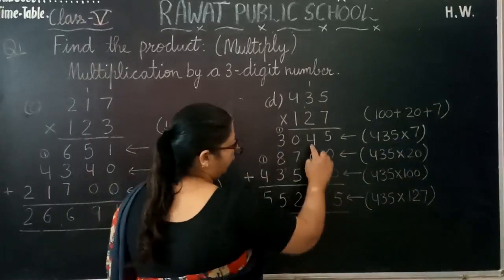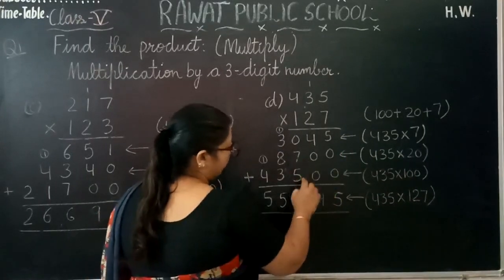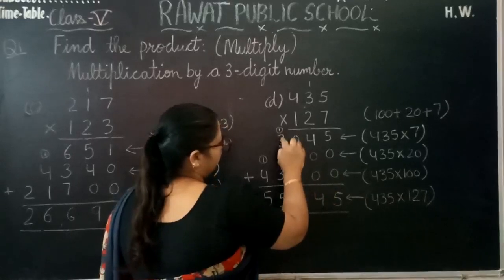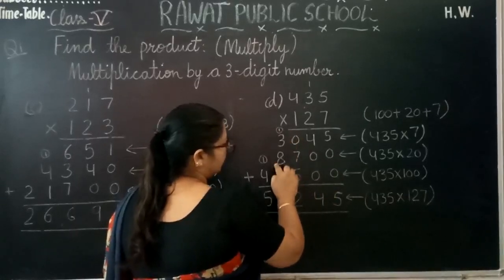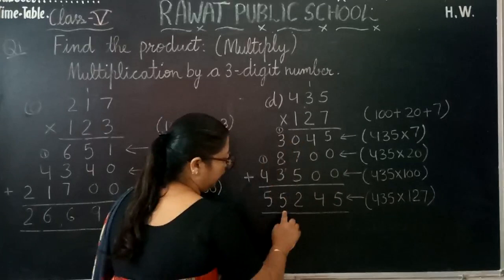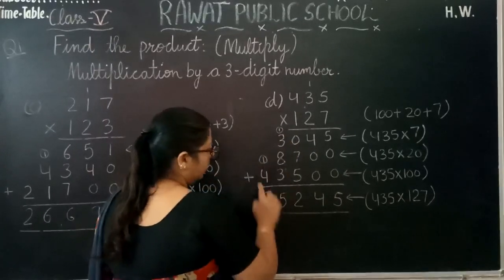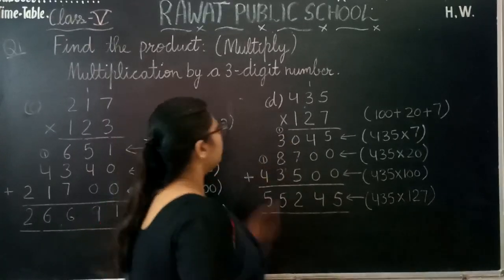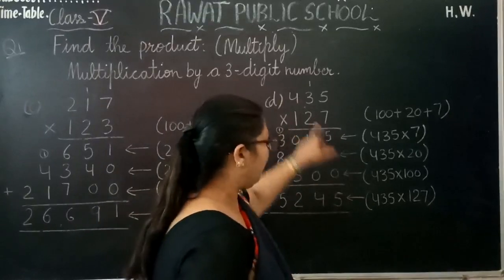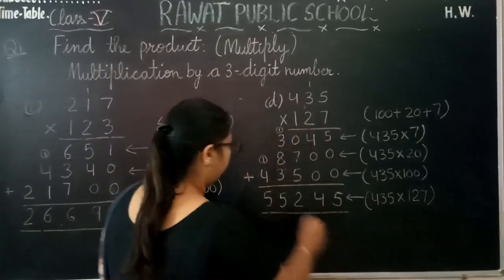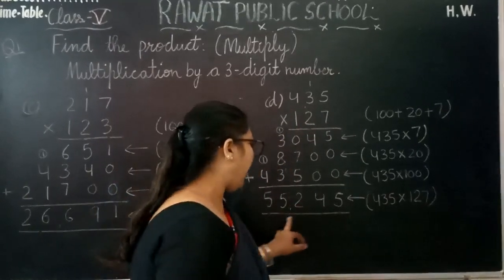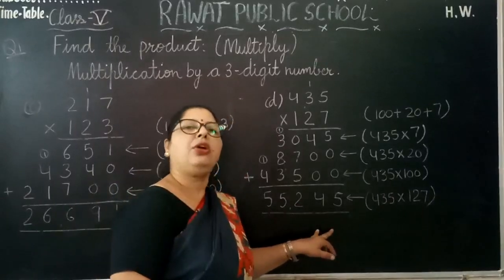5, then 4, 0, 0, 4, then 7 plus 5, 12, carry 1; 3 plus 1, 4; 4 plus 8, 12; 12 plus 3, 15; then 1 carry, so 4 plus 1, 5. So 435 multiplied by 127 is equal to 55,245.